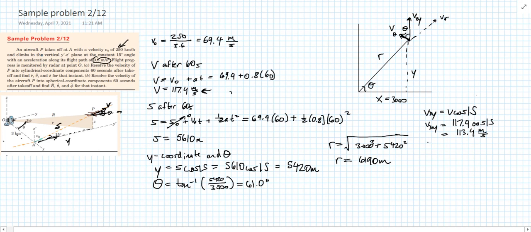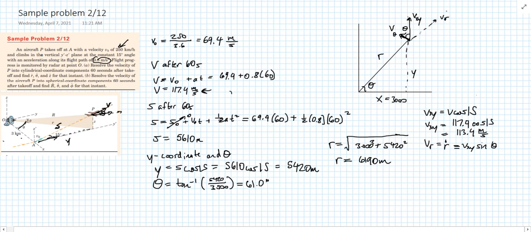So VR, this one is part of the coordinate system that we're supposed to be finding in part A. So that's the same thing as r dot. That's vxy times sine of theta. So it turns out we are using this in this part. So this is going to be extended along this line, right?